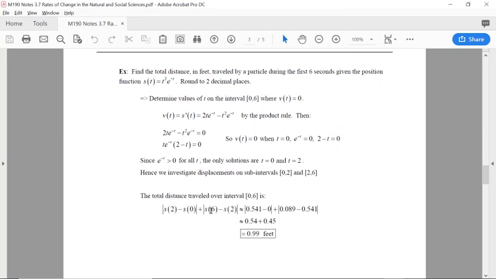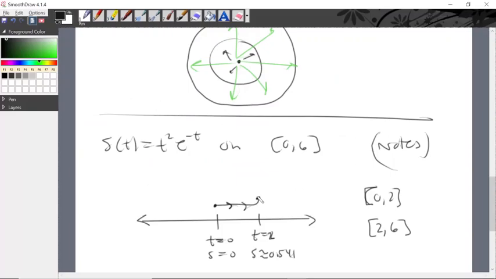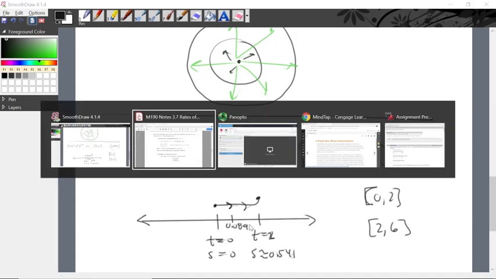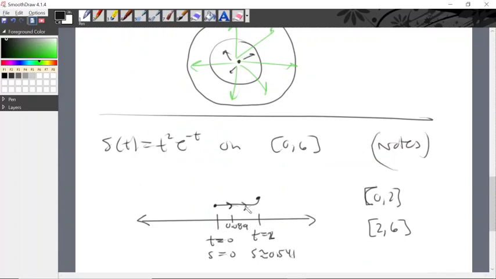Well, at the next position, at s of 6, we have 0.089, which is positive, but it is less than 0.541. So it comes back to about here.